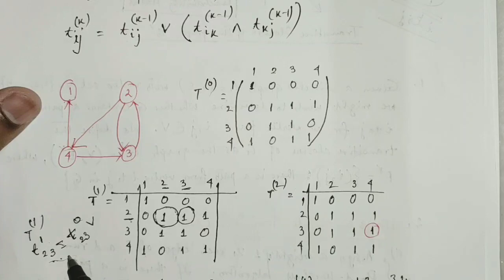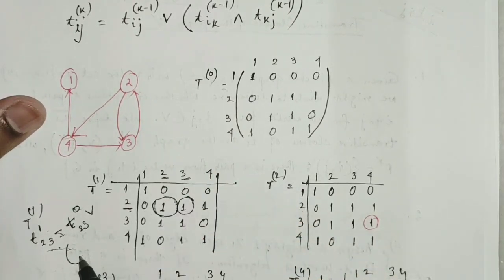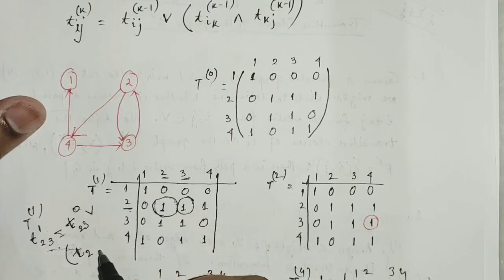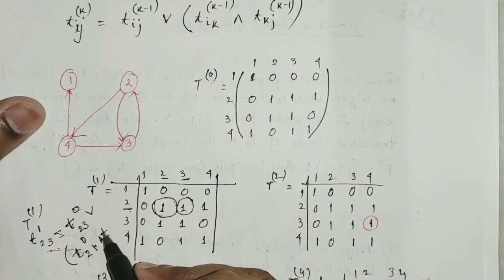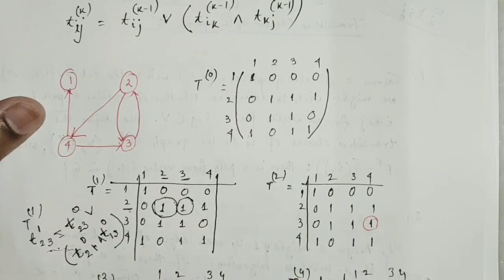Or take the second one, T of ik, i is 2, k is 1, 2 to 1 using 0, and T of kj, k is 1 and j is 3, using k minus 1. 2 to 1, 1 to 3.